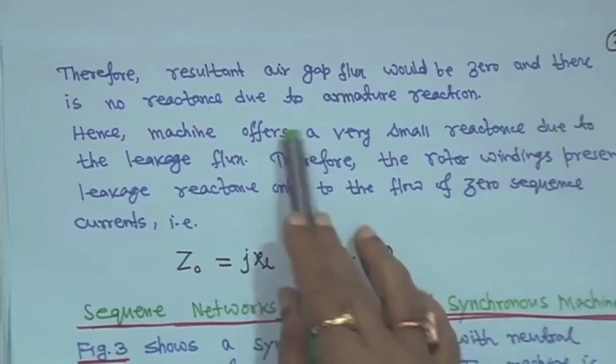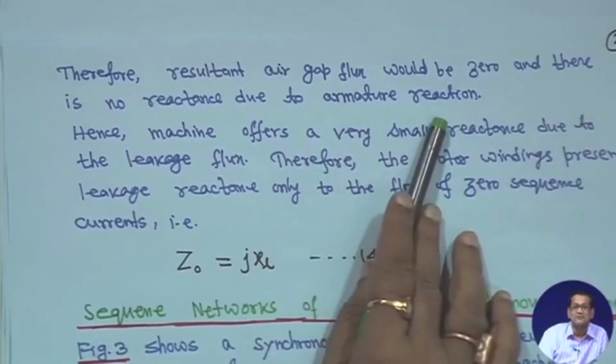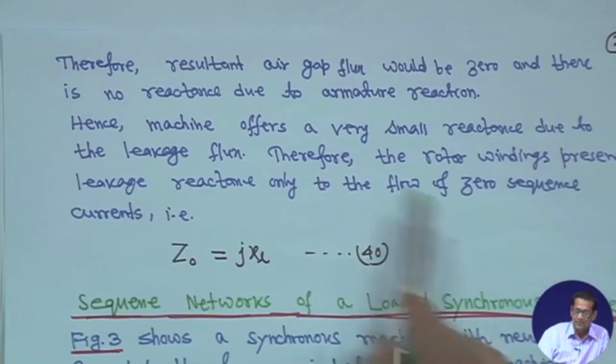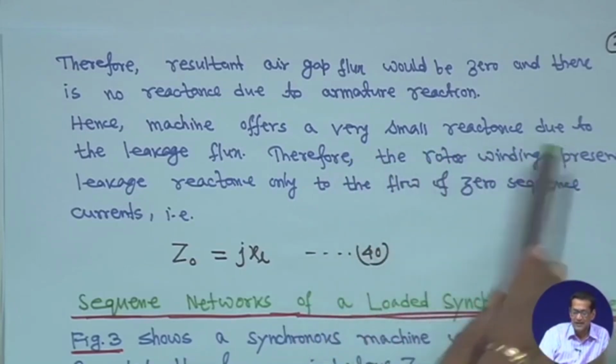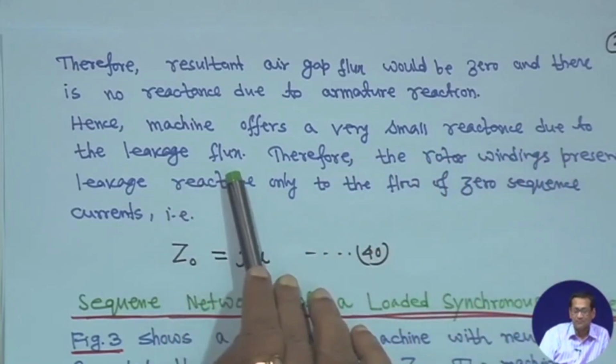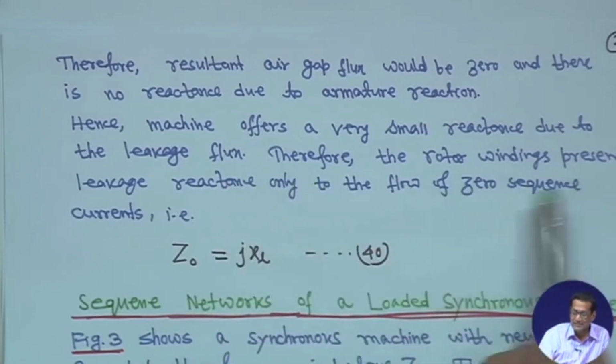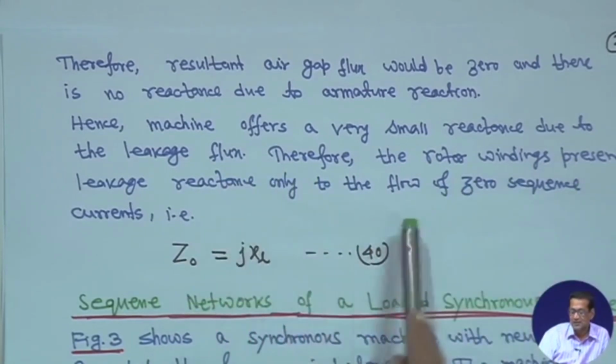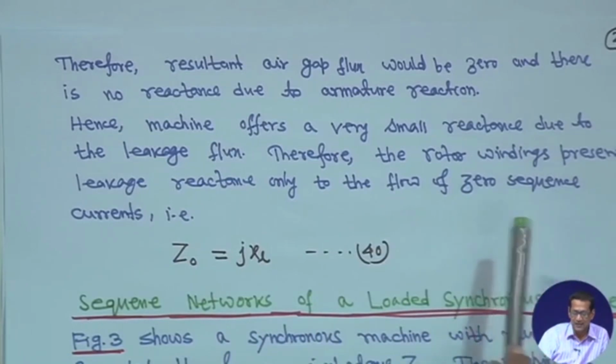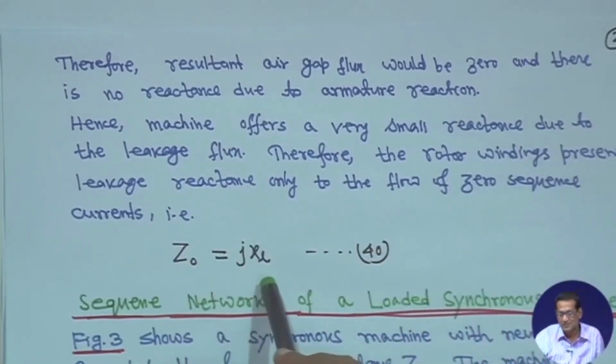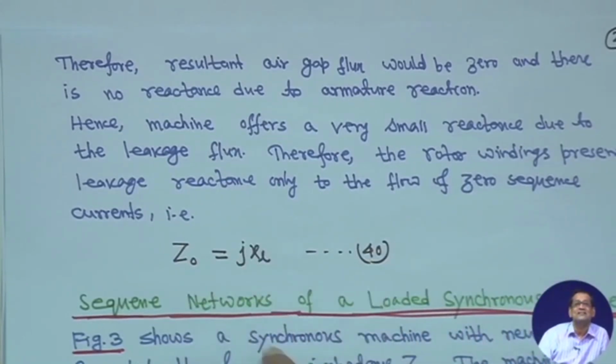Therefore, the resultant air gap flux would be 0, and there is no reactance due to armature reaction. Hence, the machine only offers a very small reactance due to its leakage flux. Therefore, the rotor windings present leakage reactance only to the flow of zero sequence current, and that is Z0 is equal to jXL, this is equation 40.